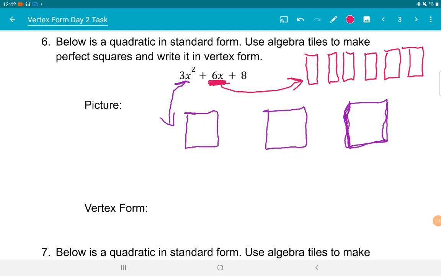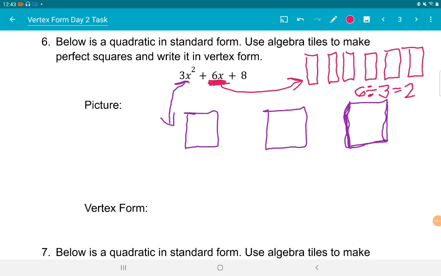So what we're going to do is we're going to look at first to make all the squares be the same. What I'm going to do is first divide my 6 x's into 3 equal pieces because I have 3 equal squares that I want to make.